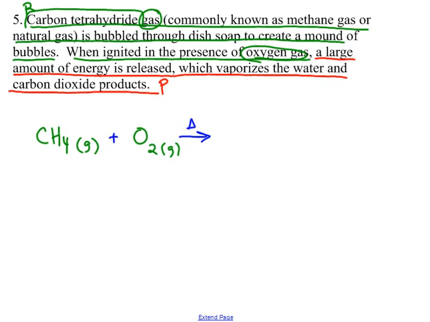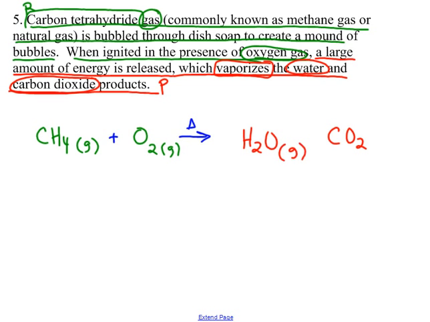Right. The products are told to us to be water and carbon dioxide. So let's write those out. Water, of course, you know is H2O. Carbon dioxide, you know, is CO2. Now, are these liquid or gas, or what state of matter are they? Well, the clue here is that they are vaporized, right? So they are put into the gaseous form.